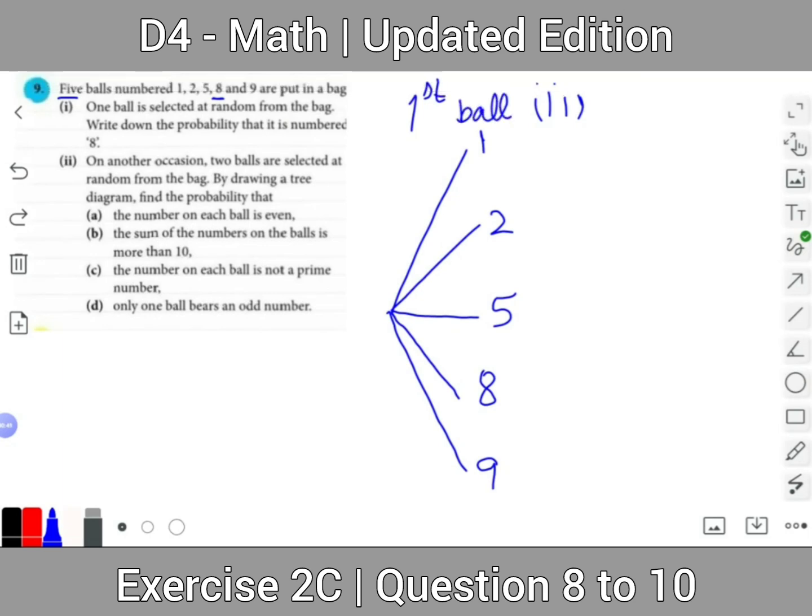Now for the second ball, from 1 we have 4 branches.